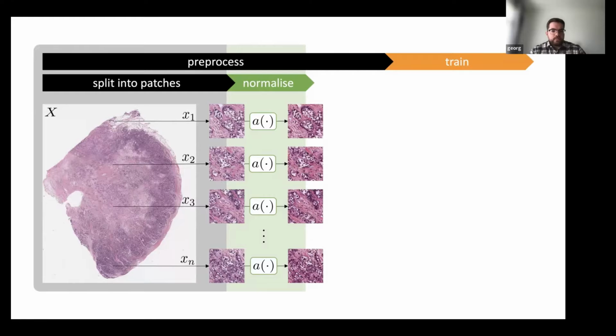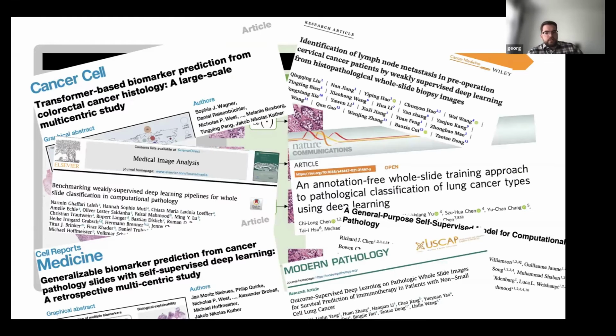So these patches or slides will vary in appearance. And in order to get a uniform color representation, people perform stain normalization. One of the most popular techniques is Macenko normalization, and a lot of papers that do weakly supervised whole slide image classification perform stain normalization as one of their pre-processing steps.